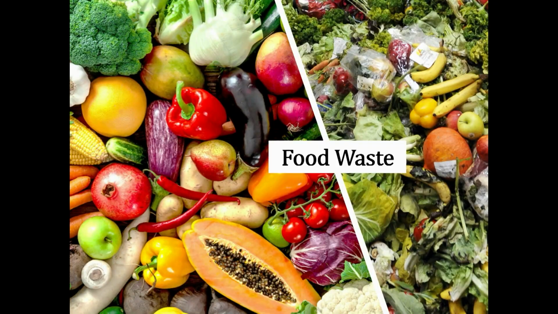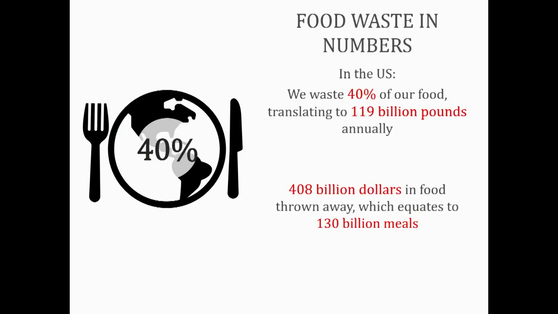The application is food waste. So the question is, how should we allocate food? I'm sure everyone in this room knows that food insecurity is a problem. But let me spend a little bit of time trying to convince you that it's a huge problem. So in numbers, we waste a staggering 40% of our food.